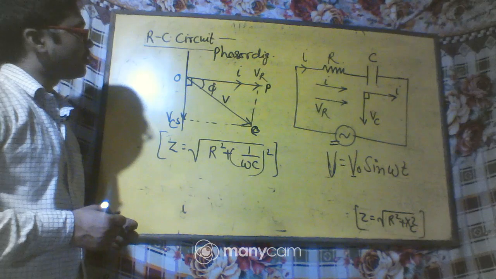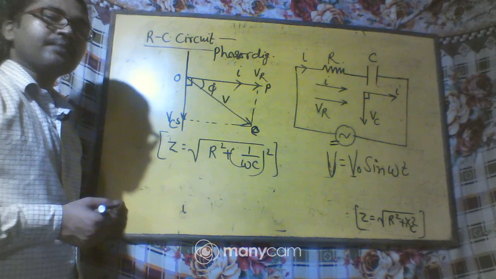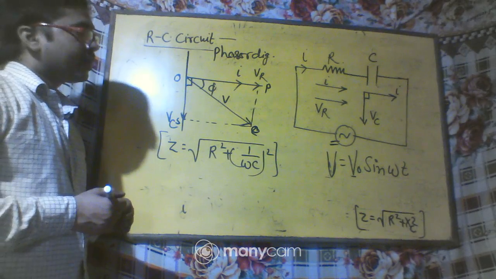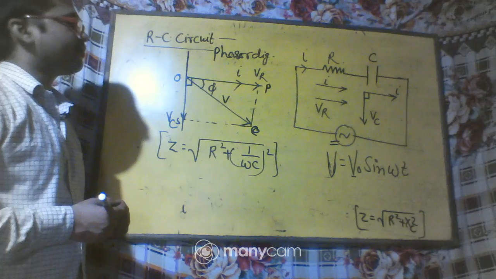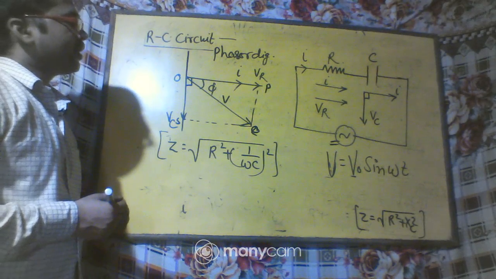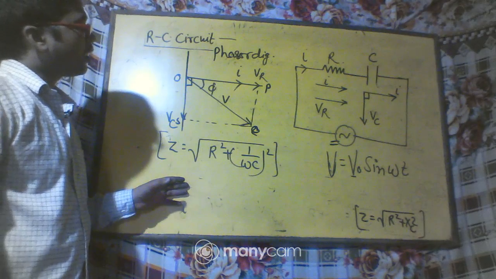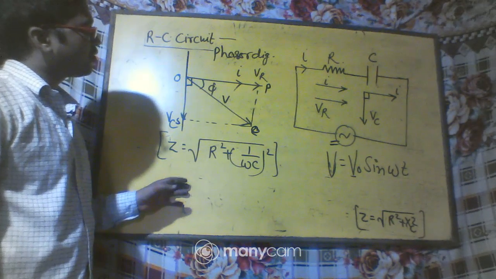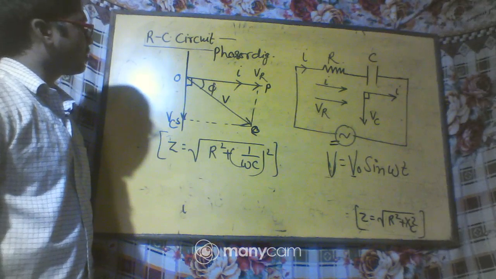Okay, now we are ready to find out the phase angle between the resultant voltage and the current. Students, I am continuously repeating that if someone asks what is the phase difference between current and voltage in an RC circuit, it means he wants to know about the phase difference between the net voltage and the current.